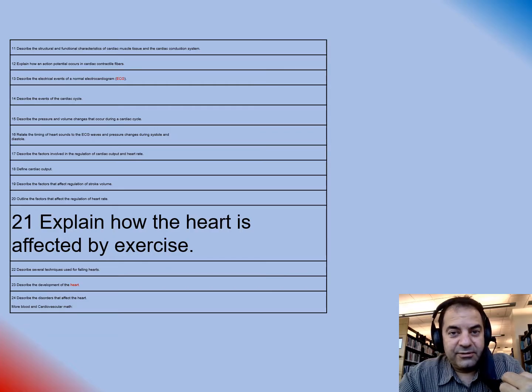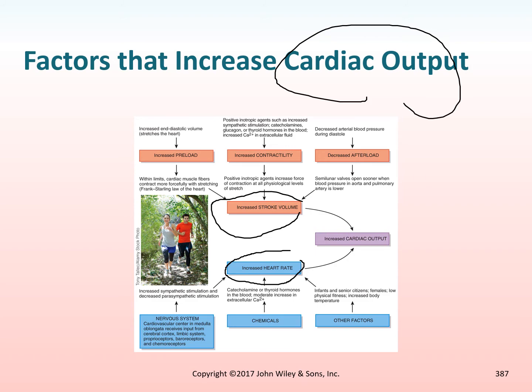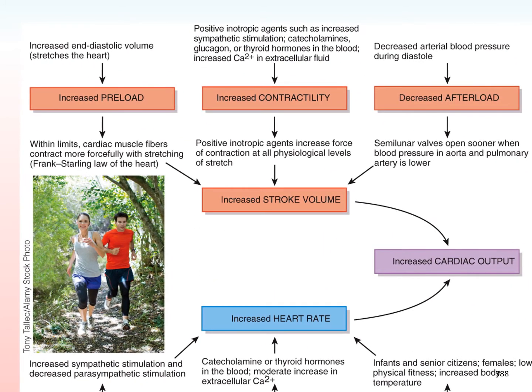Explain how the heart is affected by exercise. Anything that increases heart rate or stroke volume will increase cardiac output. Stroke volume seems to go up if the afterload decreases, which is what the heart has to pump into.